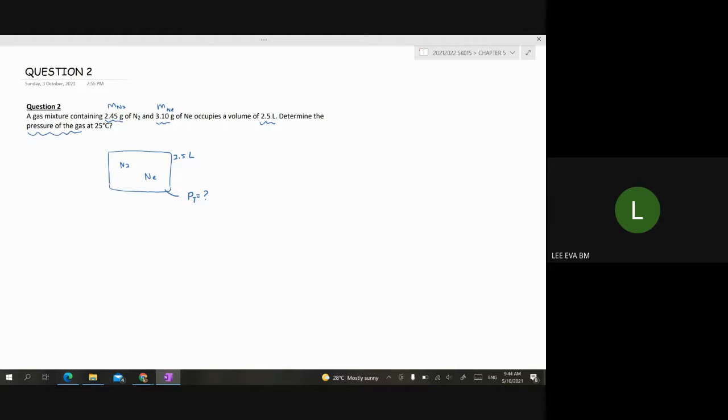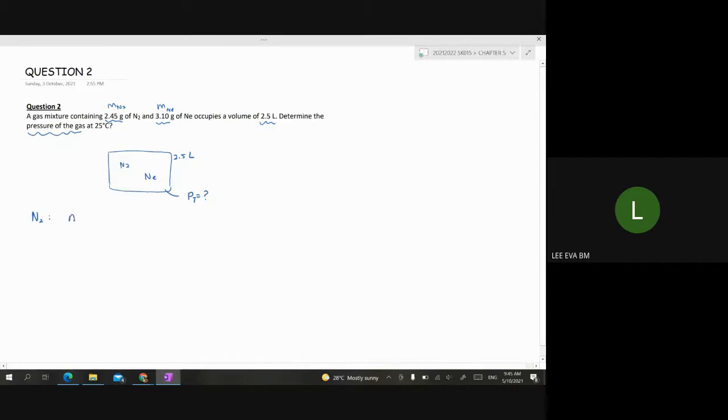So we must be able to find the partial pressure of each gas. So what do we want to find first? Which formula? Which rules? Not rules, laws? Ideal gas law. Ideal gas law. Okay, but there is no number of moles. How then? Can we? We have the mass. Yes, you have got the mass.